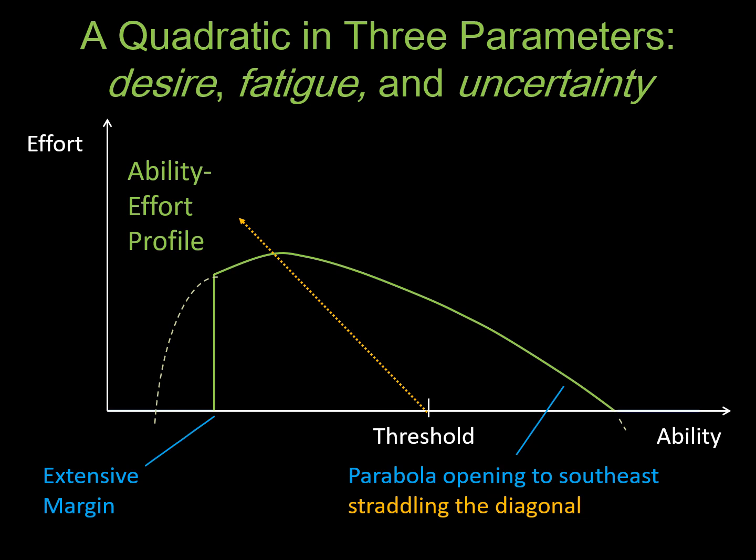I began laying out the structural parameters, which are described here in words, not symbols, to eliminate confusion. Desire, fatigue, and uncertainty. Each of those is a parameter, and each of those parameters links up to the diagram in front of you. Then I posed the question, where will you find the information that is needed to identify these parameters from data?